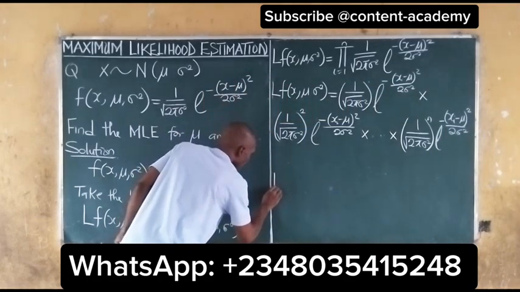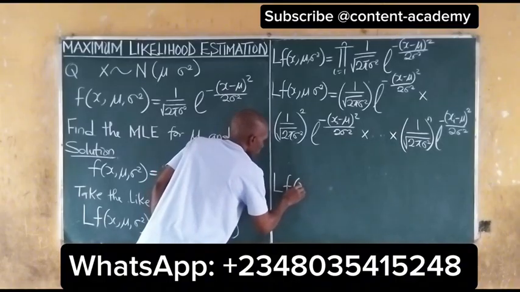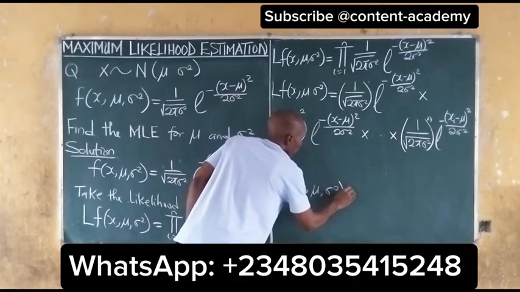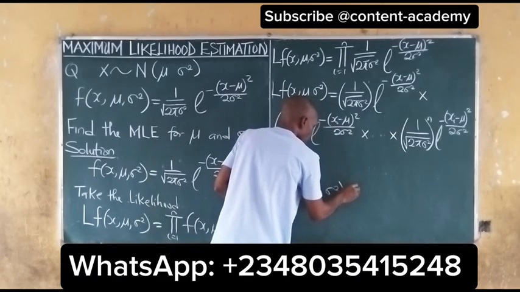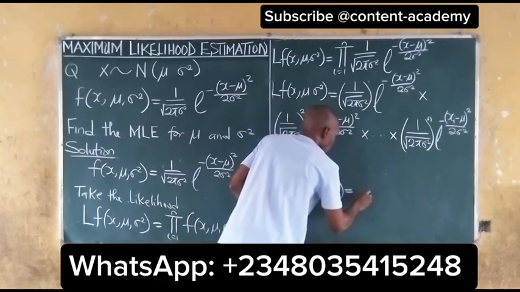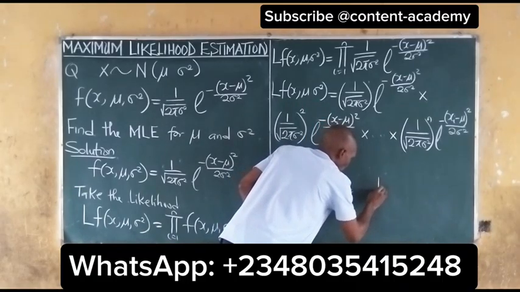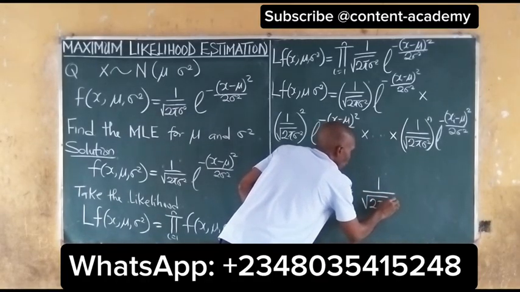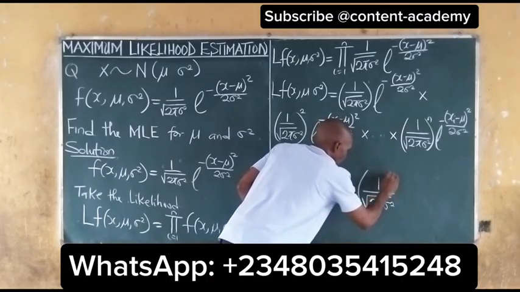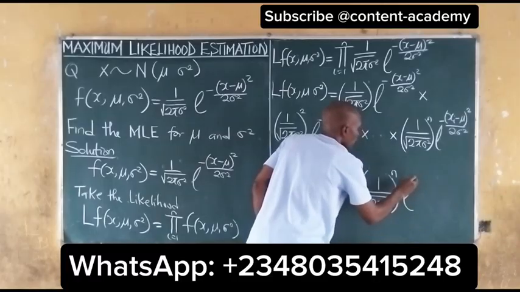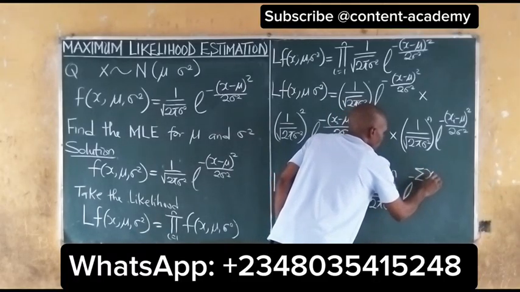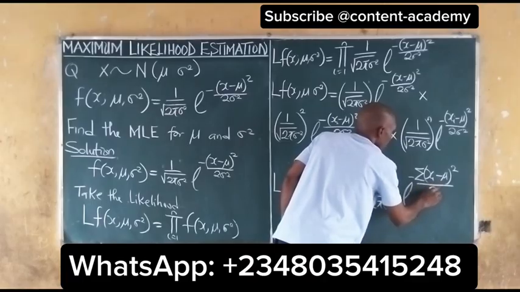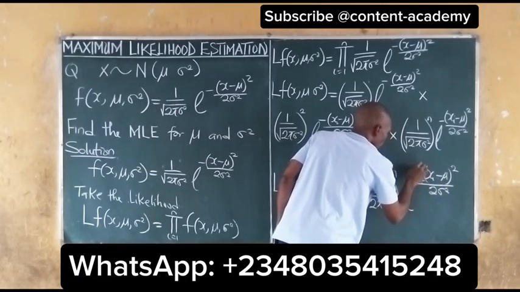So our likelihood function can be written as 1 over square root of 2 pi sigma squared, raised to the power of n, exponential negative the sum of (x_i minus mu) squared all over 2 sigma squared, as i runs from 1 to n.